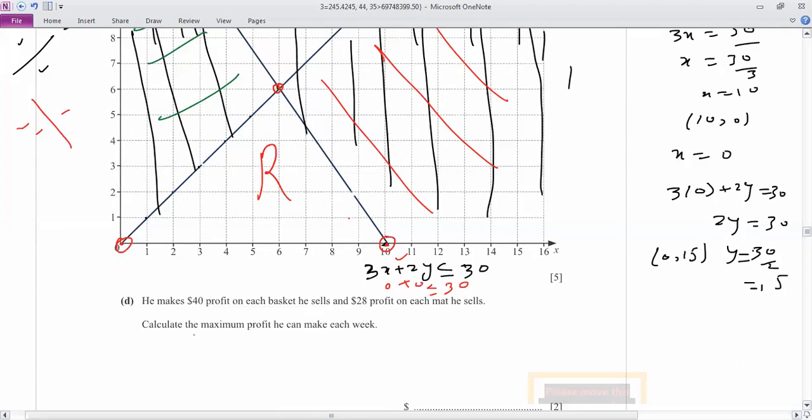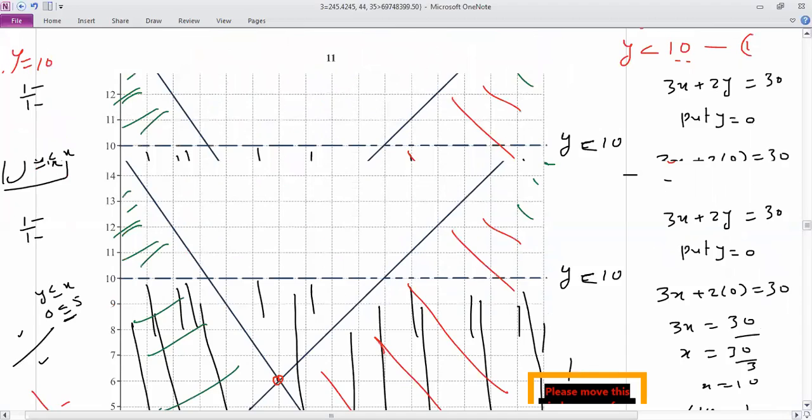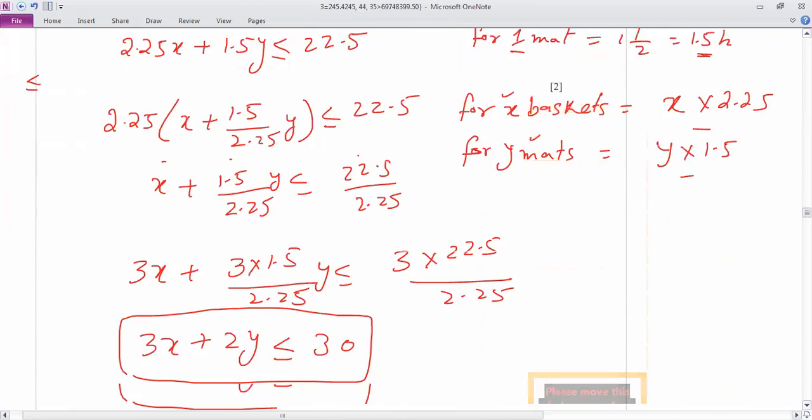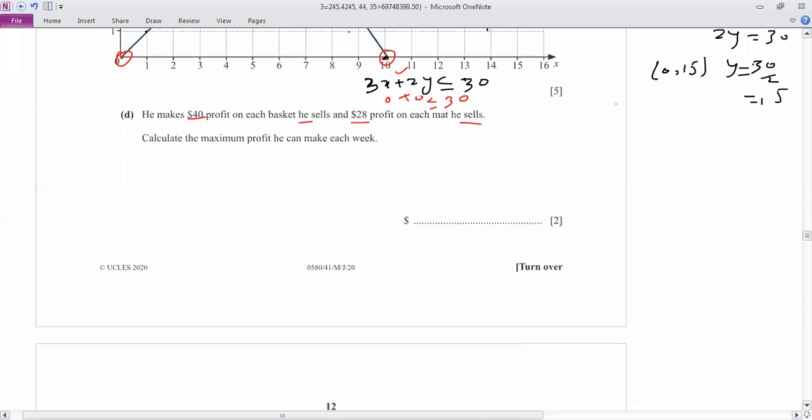Now the question is, he makes $40 profit on each basket he sells and $28 profit on each mat he sells. Calculate the maximum profit he can make. Now this is the equation, that is, he is making X baskets and Y mats.